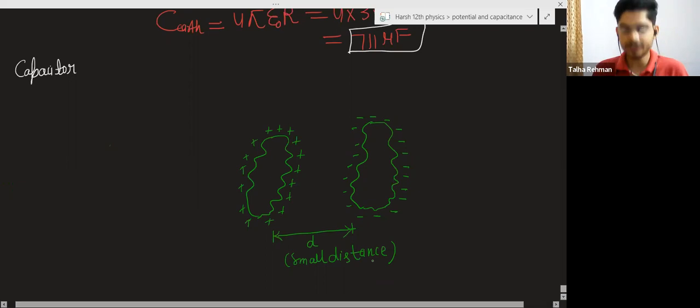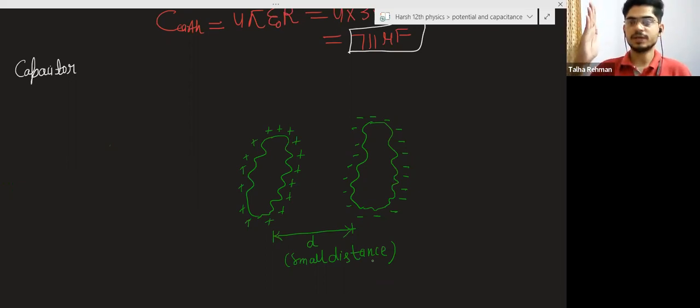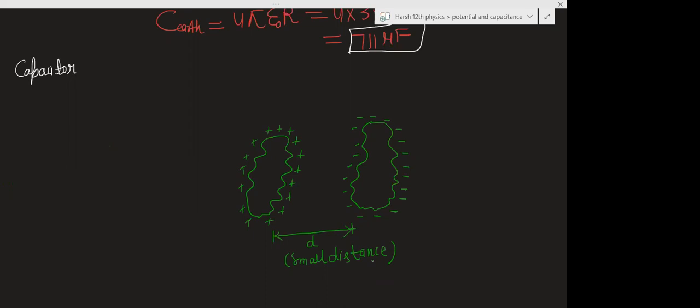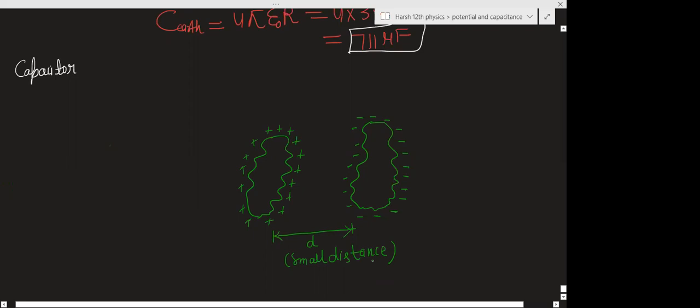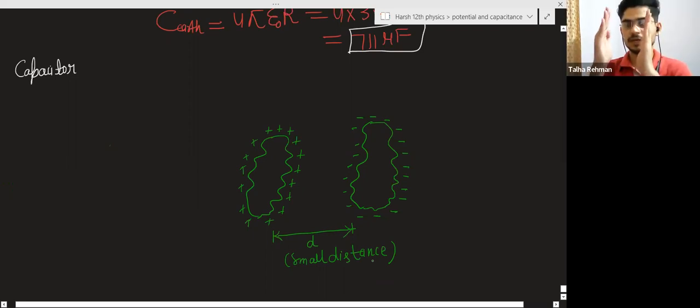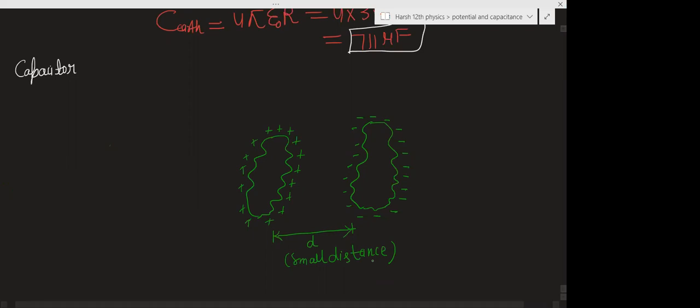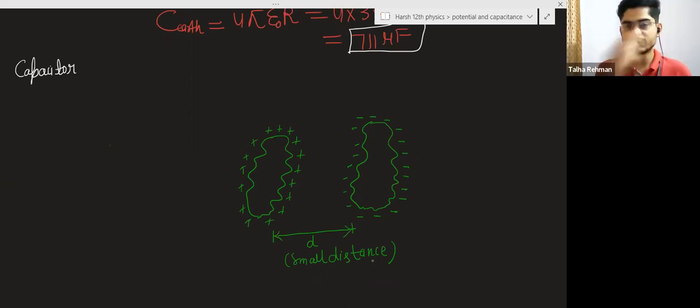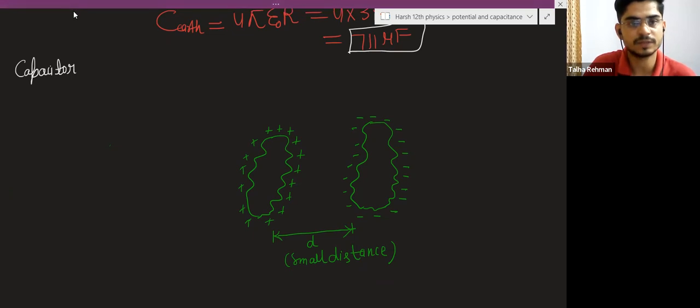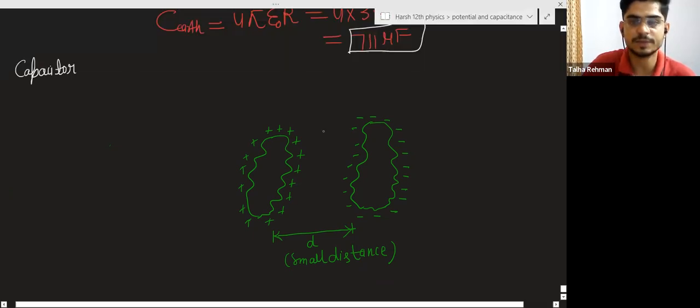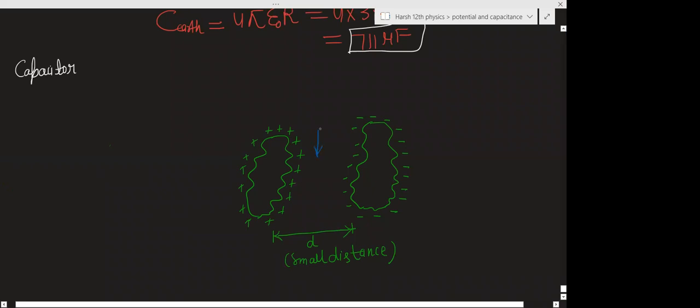Suppose this is one conductor, this is another conductor, and they are separated by some distance, and in between these conductors now air is present. So any medium can be present in between the conductors. So this is the capacitor, and generally these are separated by some dielectric medium.